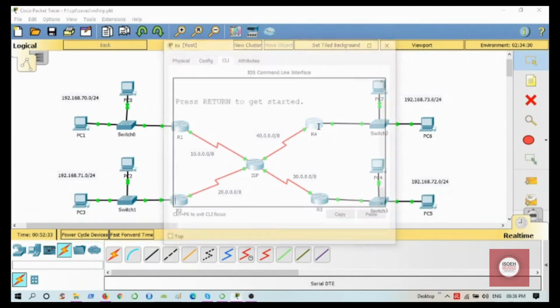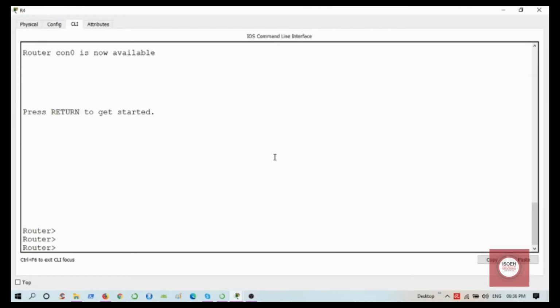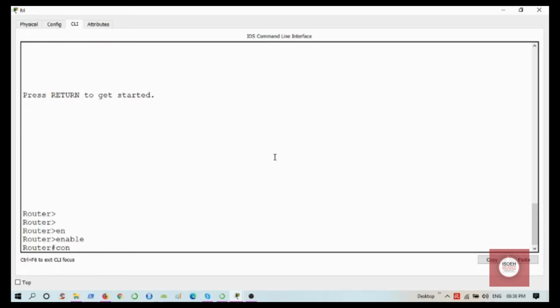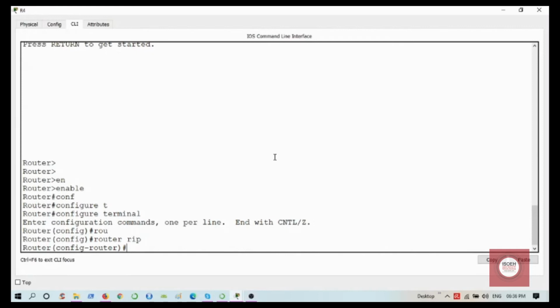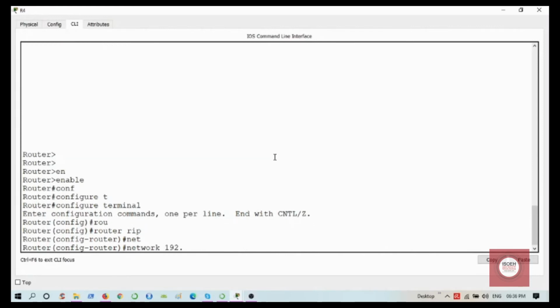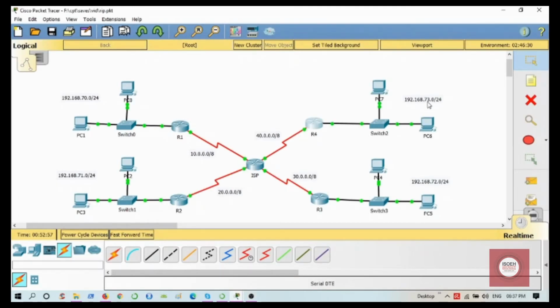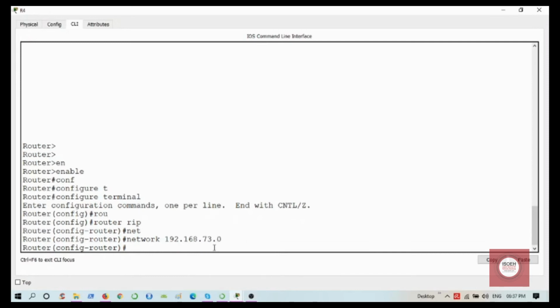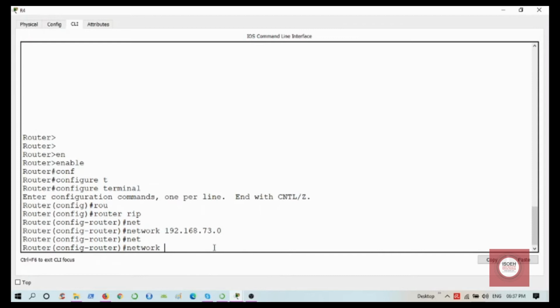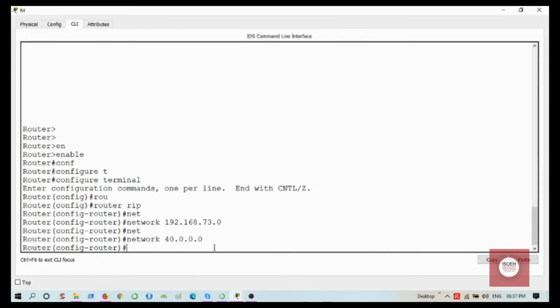Next R4, it is connected to 73.0 and 40 network. So 73.0 and also network 40.0.0.0. Okay. So we are done with all these routers.